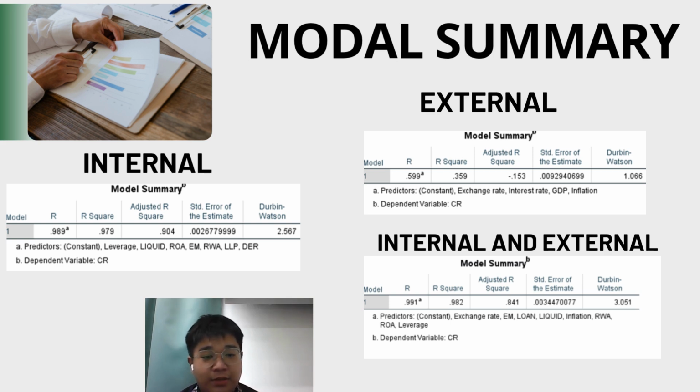For model summary 3, which is internal and external, out of 16 variables, only 8 variables contributed to Dubai Islamic Bank's credit risk with an adjusted R squared of 0.841 or 84.1%. In contrast, the remaining variables are not relevant to this study.